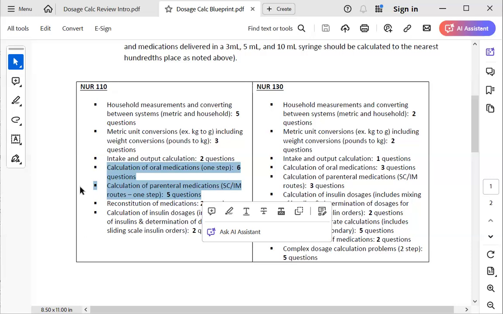Then there are the parenteral medications, which just basically mean the injectables. Now you're going to calculate the injectables the same way you would calculate something you would take orally, but is a liquid.